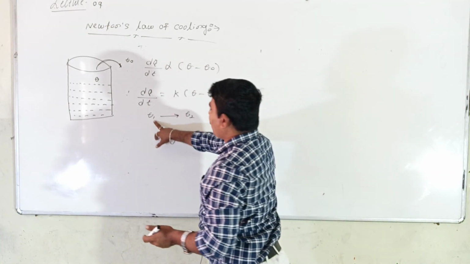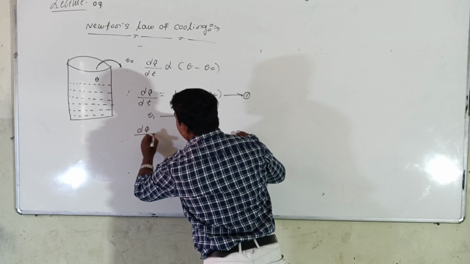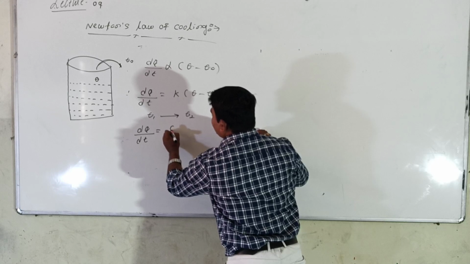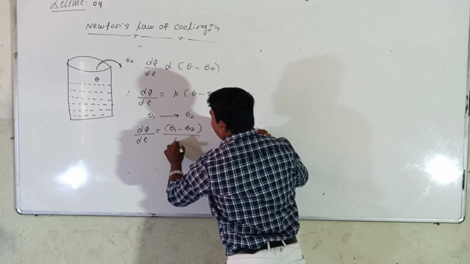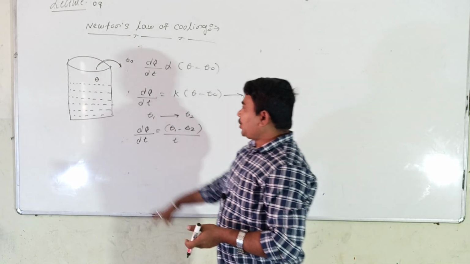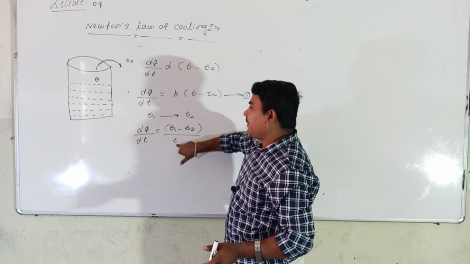When it cools from theta 1 to theta 2, the rate of heat loss can be given as dq divided by dt equal to theta 1 minus theta 2 divided by time t. I mean, the temperature of the hot liquid decreases from theta 1 to theta 2 in this time interval.